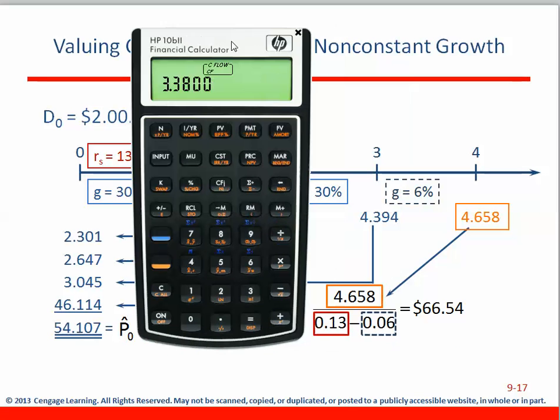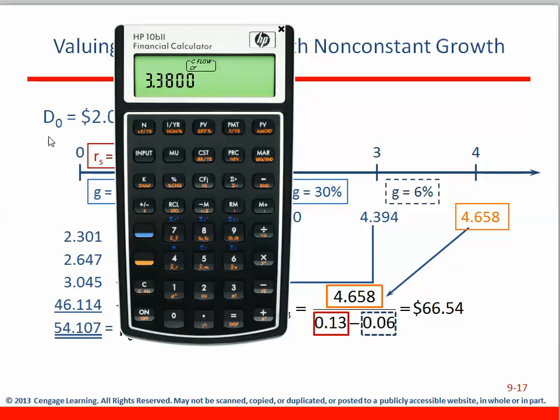And then in year 3, I've actually got 4.394 plus the stock price of 66.54, because I've got 2 cash flows in year 3, right? I've got D3 and then I've got P3, which is the present value of all the dividends after time 3.